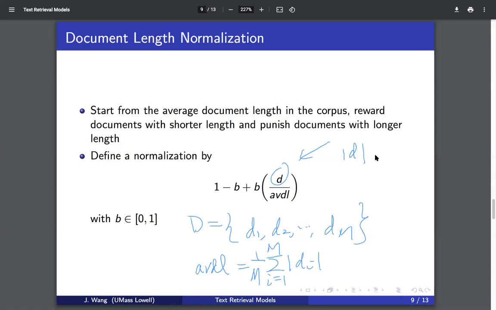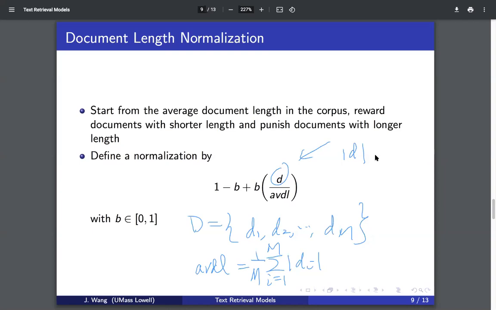So that means we first set out a middle point. We want to return a document that has the average length based on the query we received. But then a shorter document should be rewarded, because it contains the keywords and all this TF-IDF, and it's shorter.